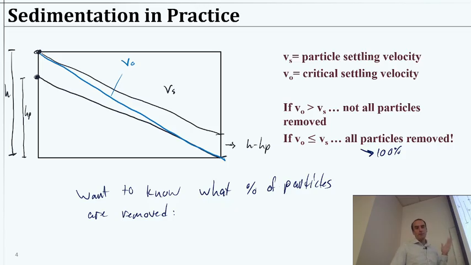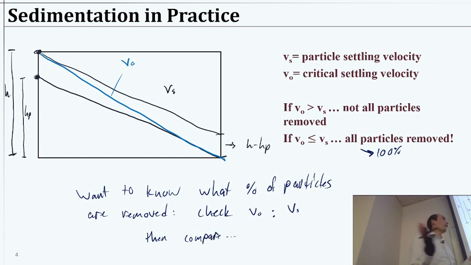But if V naught is greater than Vs, meaning Vs is just too slow for this design, then we can compare. So first we'll check V naught versus Vs. The ratio here, then we can compare, as we'll show on the next slide.